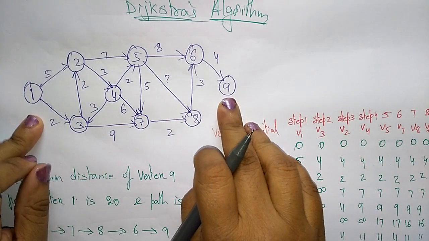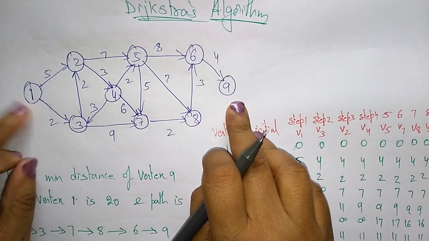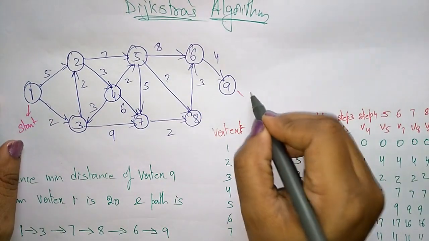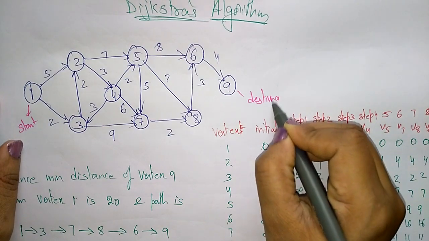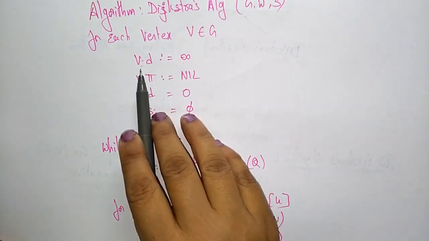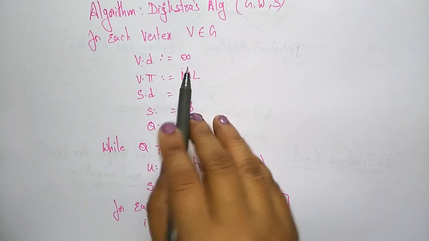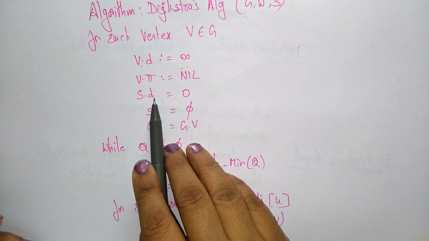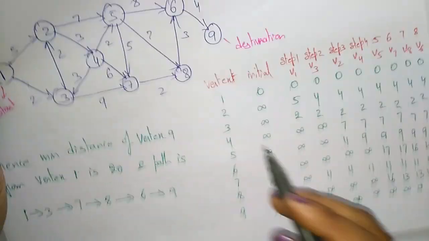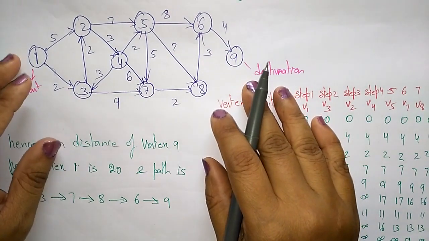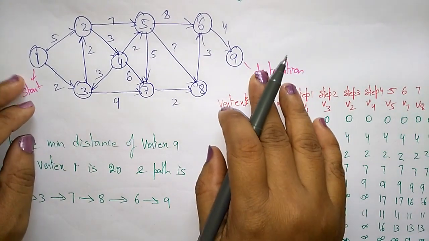We have to reach from vertex 1 to vertex 9. This is the start and this is the destination. In the previous algorithm, S is the start, and the destination distance should be made infinity, while the start vertex's distance starts with 0.